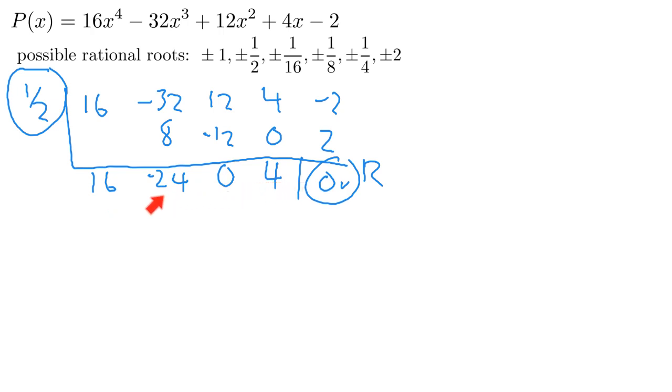Leave off the remainder, but take these coefficients. When we do synthetic division for the next round, we're going to use these, not those. If you went back and used those, you'd be going in a circle because you wouldn't really be reducing it down; once you find your next root, you'd still be at a cubic. So you've got to start with these, 16, -24, 0, and 4.